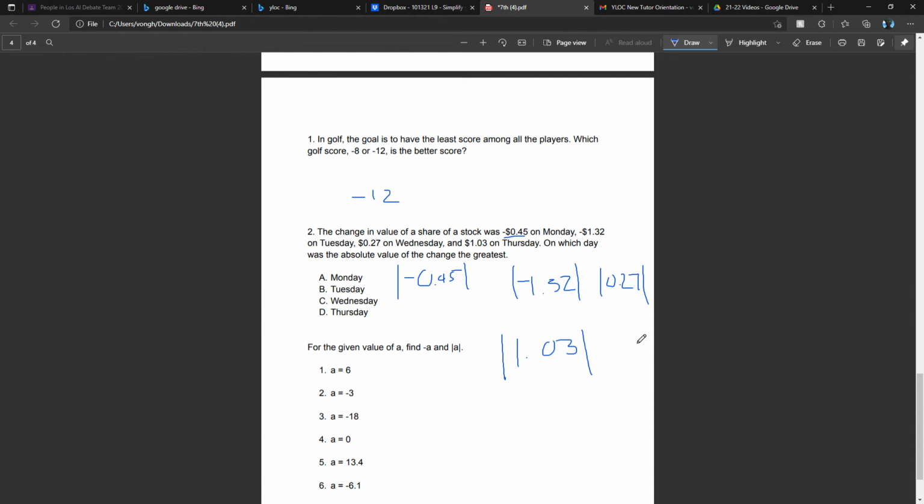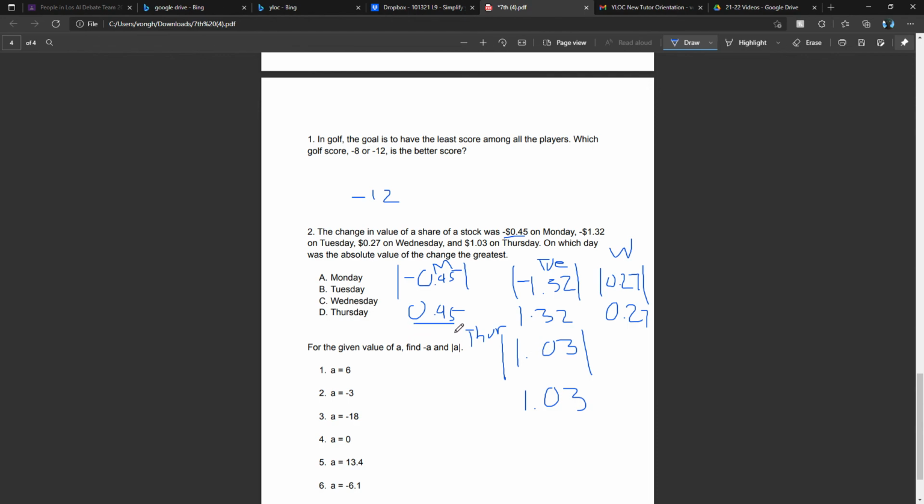If they're negative, you just change them to positive, and if they're positive, you just write them out again. So since this is a negative, you just write it as a positive, so it says 45. This is a negative as well, so you just write it as a positive. This is already a positive, so you just write it out. This is a positive, same thing. And I'll label it, this is Monday, Tuesday, Wednesday, and then this is Thursday.